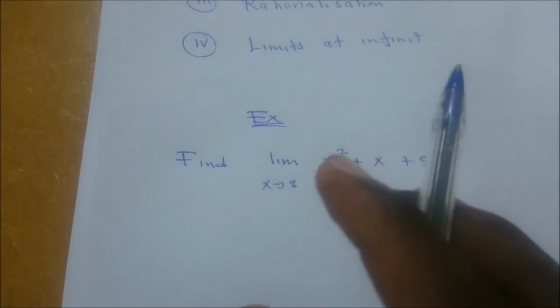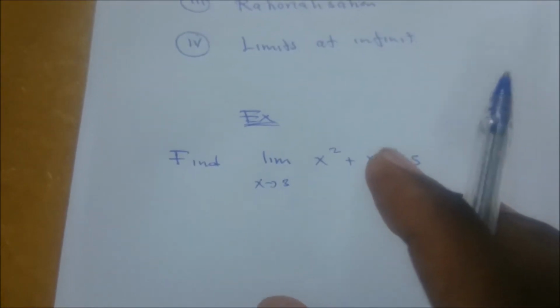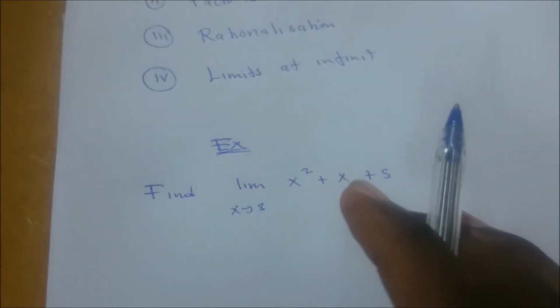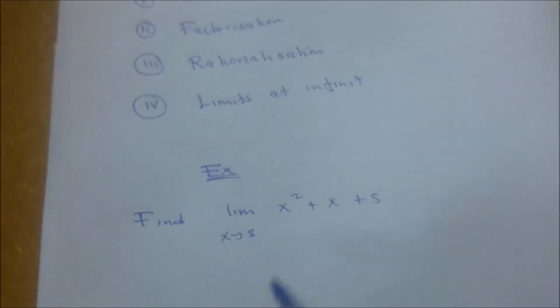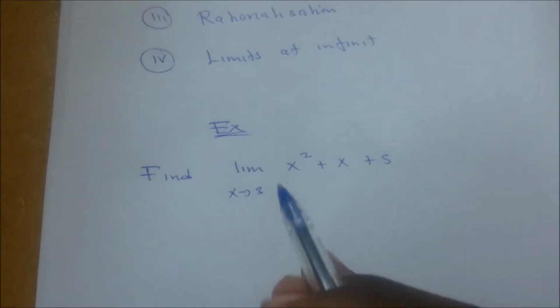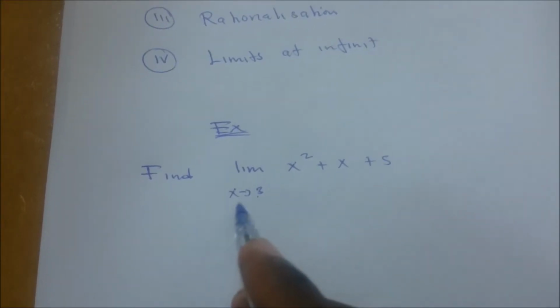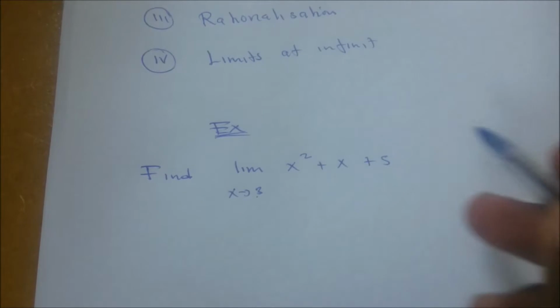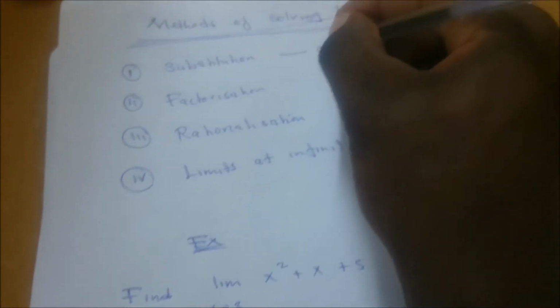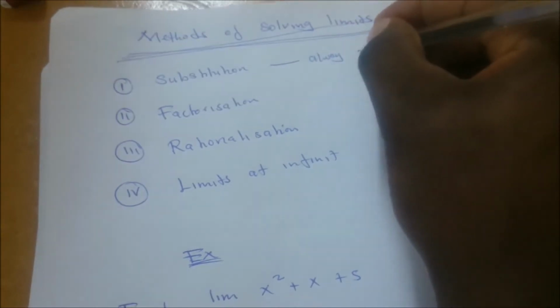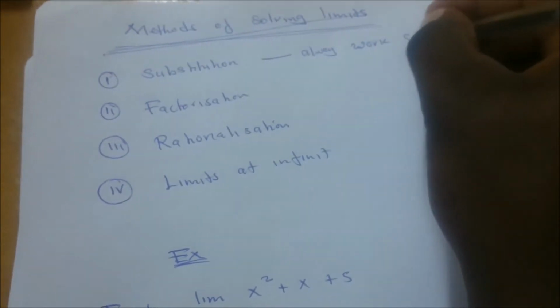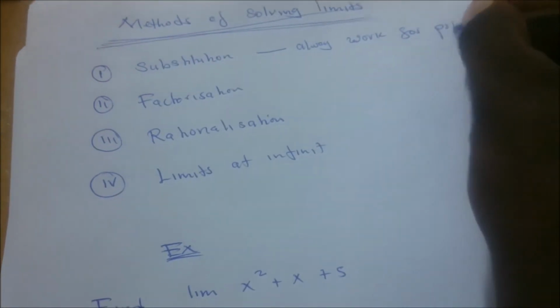So the first step, you always use the substitution method. Substitution means just get this 3 and plug in. So you're going to plug in, and the substitution method will always work for polynomials.